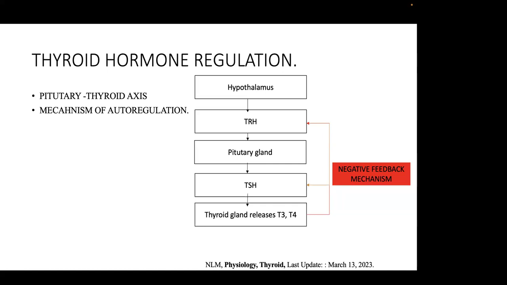So, if there is a condition where there is low iodide intake, then there will be preferential synthesis of T3, which will cause an increase in the efficacy. Whereas if there is an adequate or excessive iodide intake, then the transport, synthesis and secretion of the thyroid hormone will be decreased.